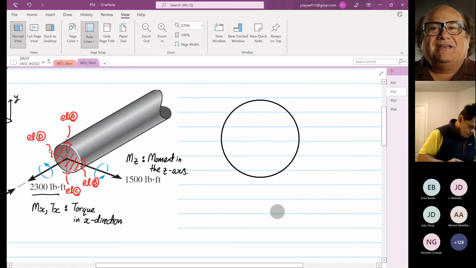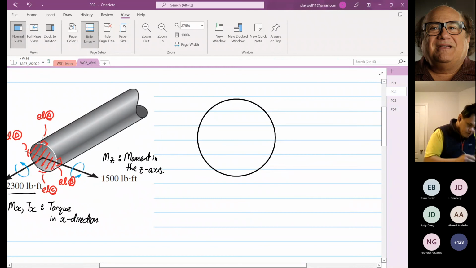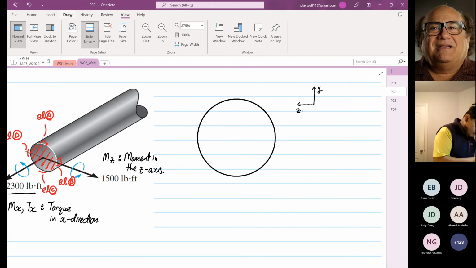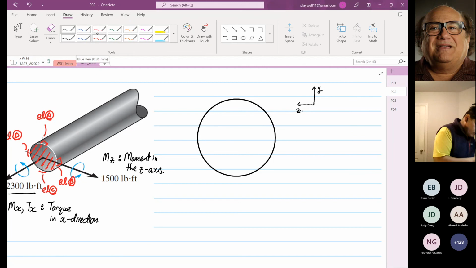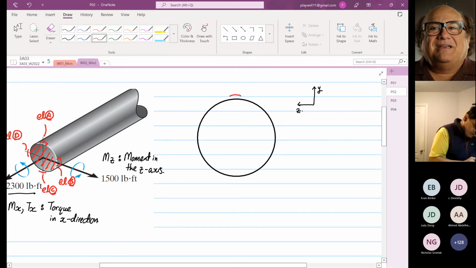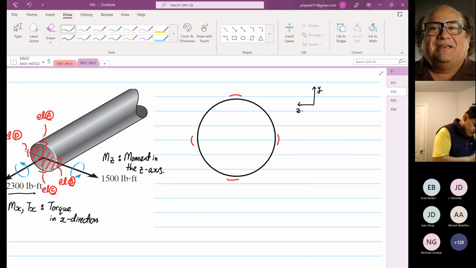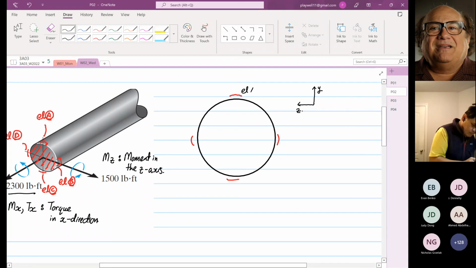Based on the transformation, this is your Y and over here, this is your Z. Now we will have our elements: this is your element A, element B, element C, and element D.